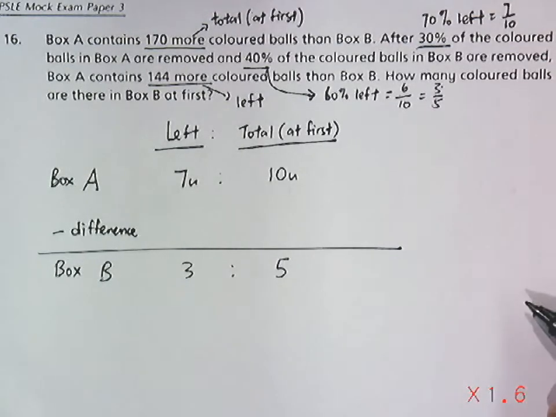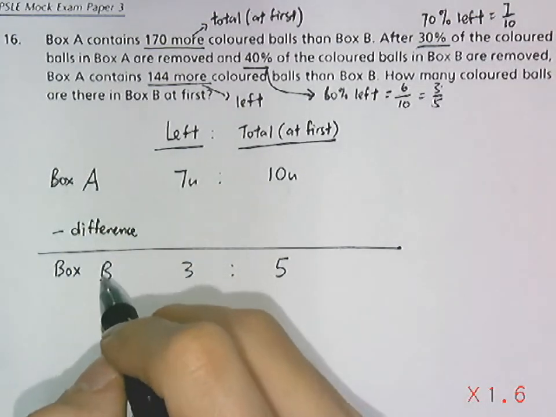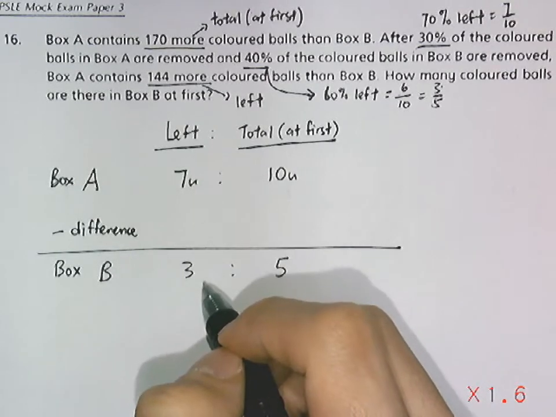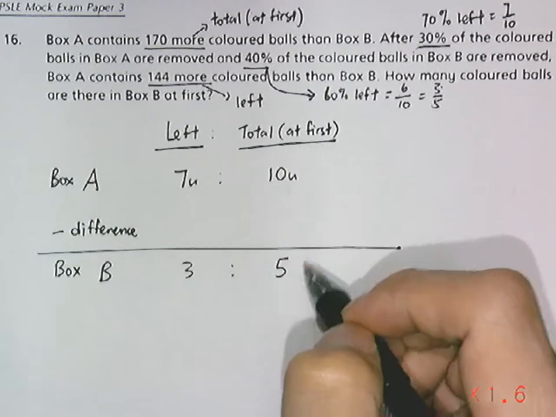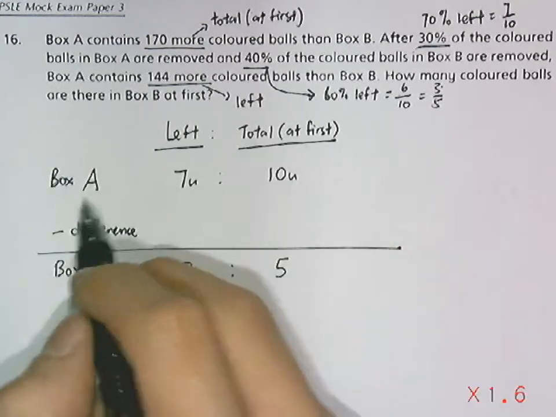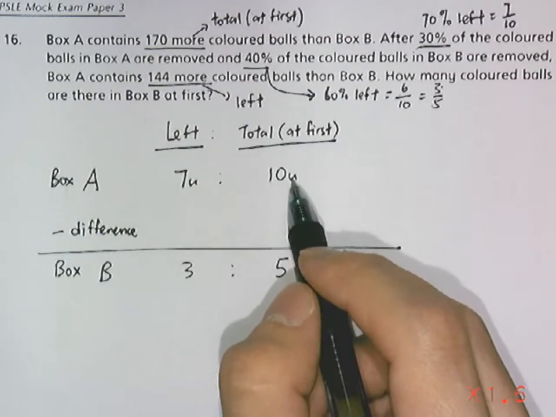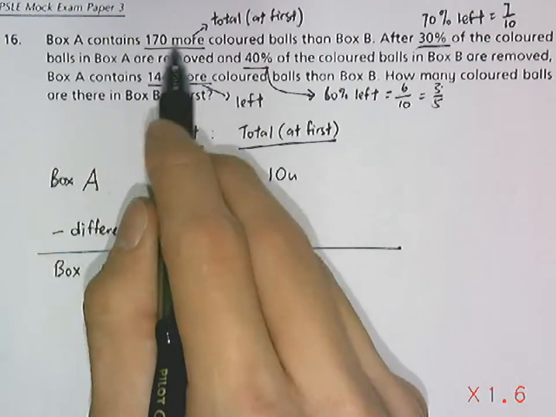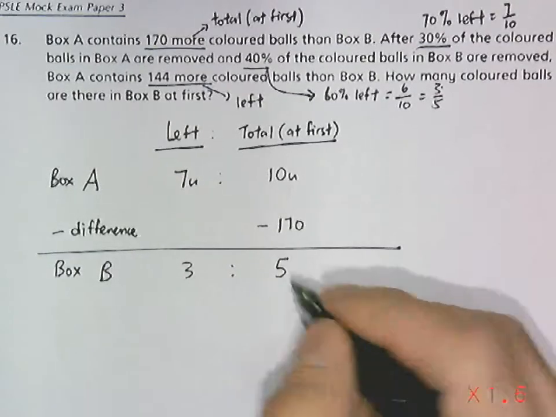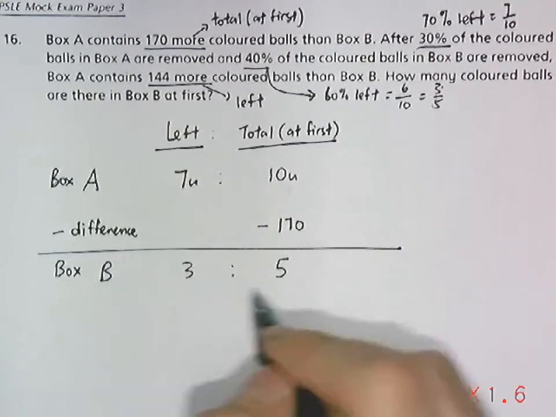So to find the number of color balls from box B, whether it is the number left or the total, we will still use the difference. To check, box A total 10 units, 170 more, so minus 170, I would get the portion for box B total.